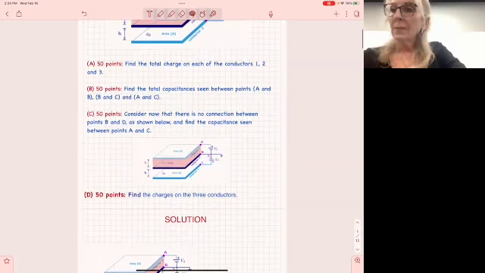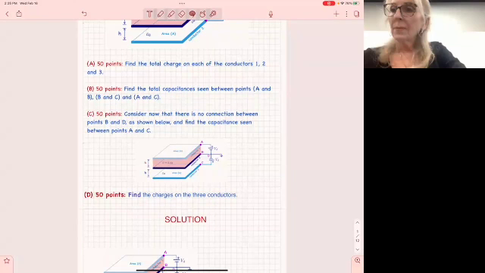B says, find the total capacitances seen between points A and B. So we want the total capacitance between A and B, between B and C, and between A and C. So now we are in circuit form. They ask me a circuit question.